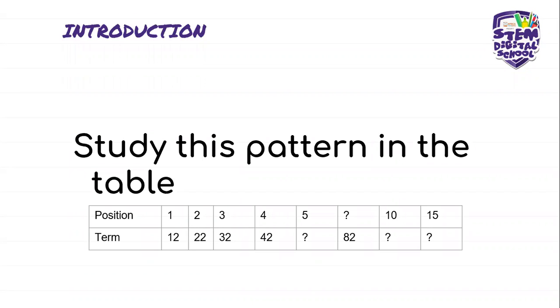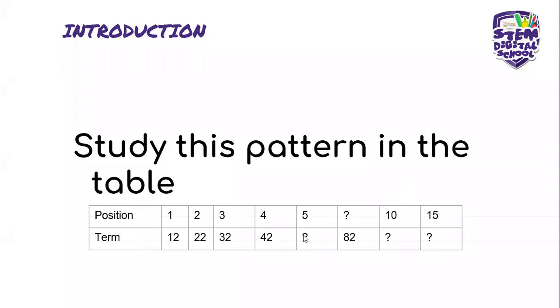And again, from 32 to 42, you also add 10. So you can see that 10 seems to be the rule, plus 10. So the rule in the term row there is plus 10.